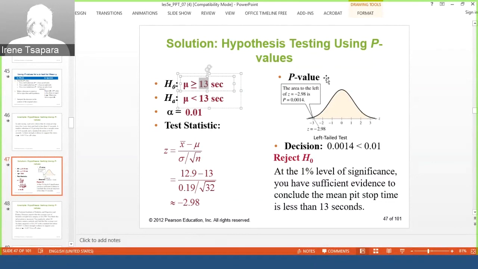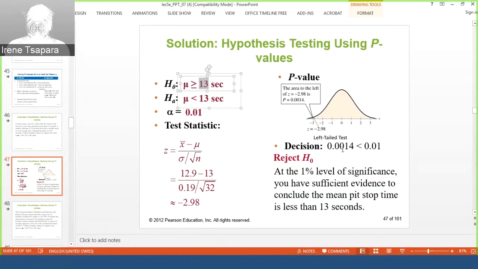If the p-value, meaning the area that corresponds to this number, is less than 0.01, then the area of this number will be somewhere here, less than the blue area. So if the p-value is less than this, then I will reject my H0. Why? Because this number right here will fall in the blue area.